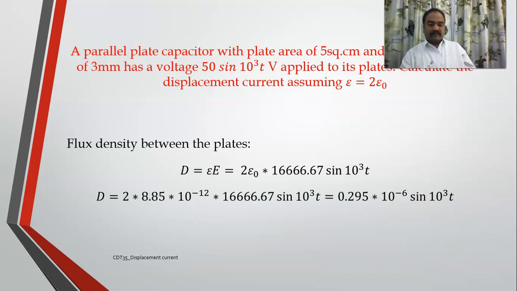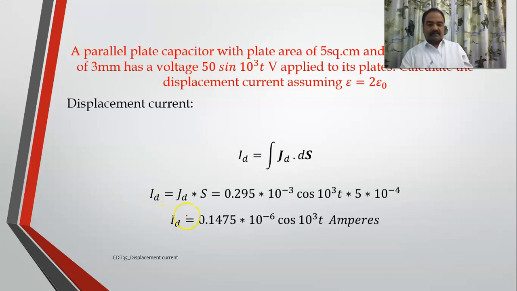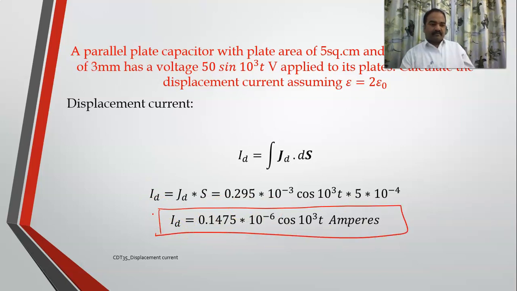You can calculate JD, or directly calculate this equation. Or you can go step by step. You have V; V by d gives E. Epsilon E gives D. Dou D by dou t gives JD.